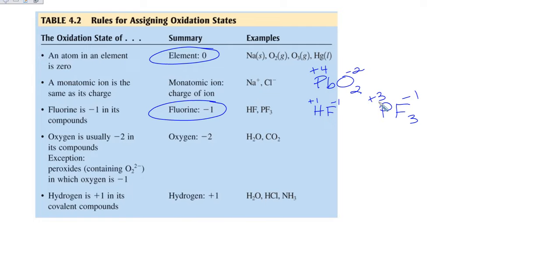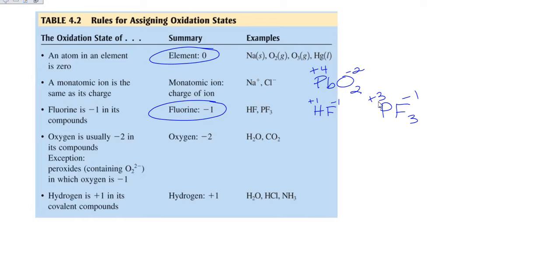They're being held closer to fluorine. So I would say if you have fluorine in your compound, assign it a -1 right away. Don't even think about it. And then we'll balance out the charge on the other atom. So this has to be a neutral molecule. Phosphorus must be +3. But just be aware that the oxidation number may not always be the charge on the periodic table. It will if it's ionic.